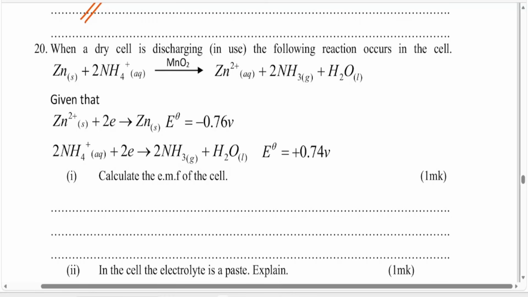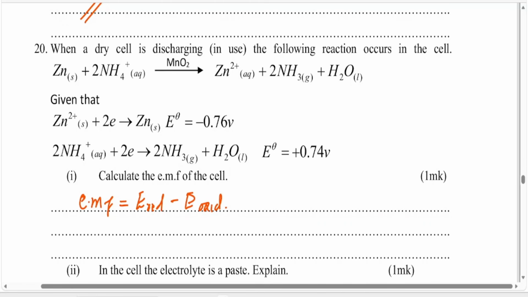So we first calculate the EMF of the cell. How do we work out the EMF? So EMF is given by E reduction minus E oxidation. What does this mean?